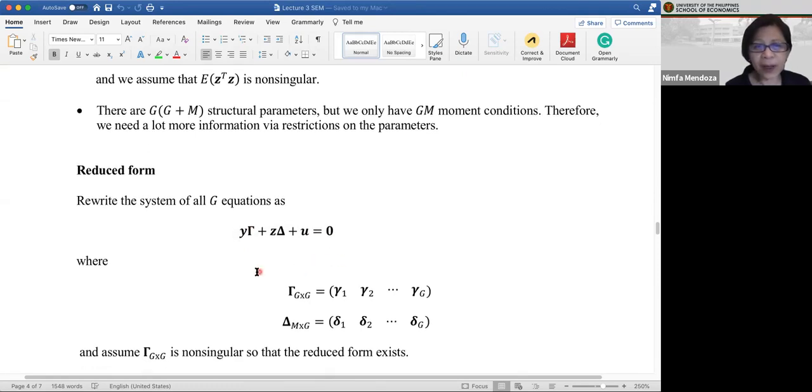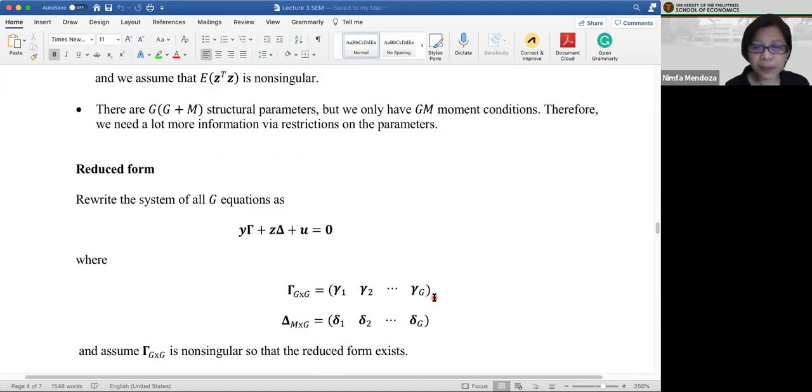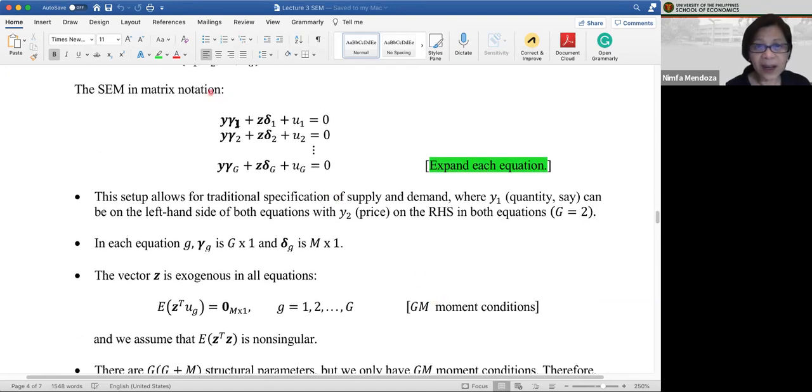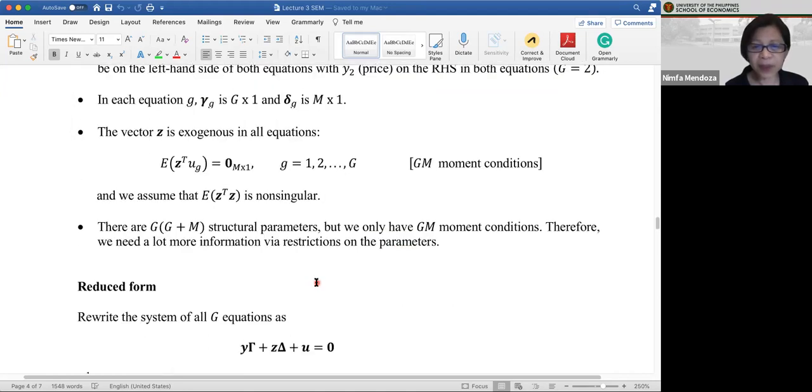So here, gamma is G by G, and it consists of gamma sub 1, gamma sub 2, gamma sub G. So you have G columns, and you also have G rows. You're just putting these parameters, gamma sub 1, gamma sub 2, gamma sub G, as columns in this bigger matrix.